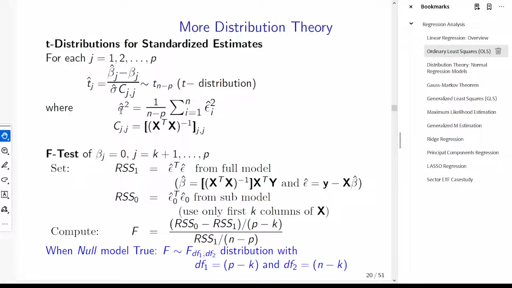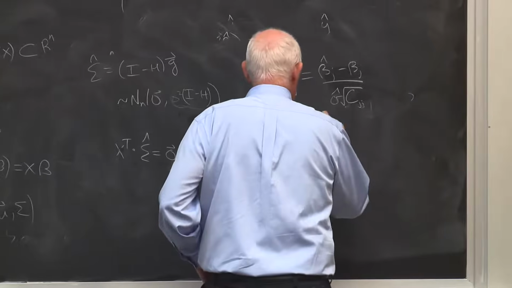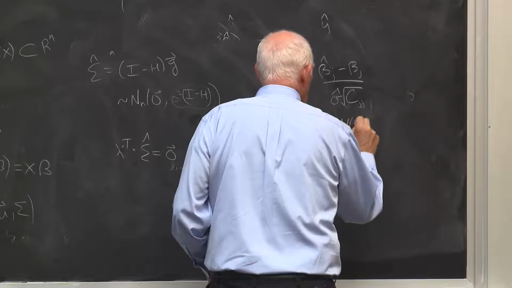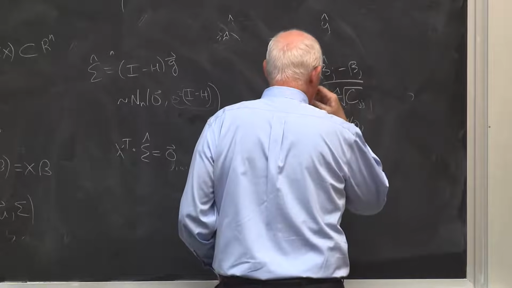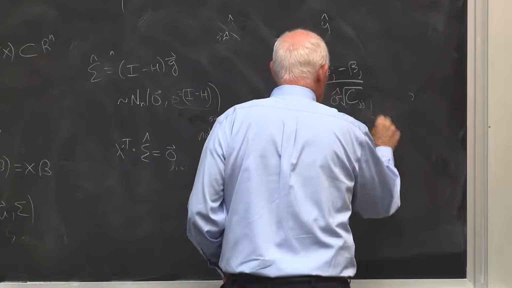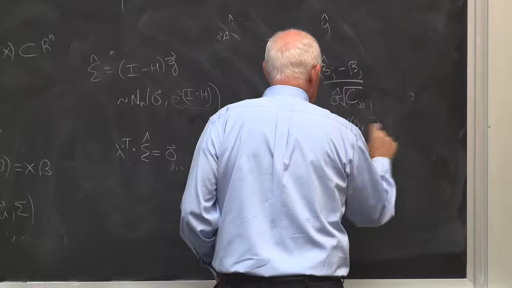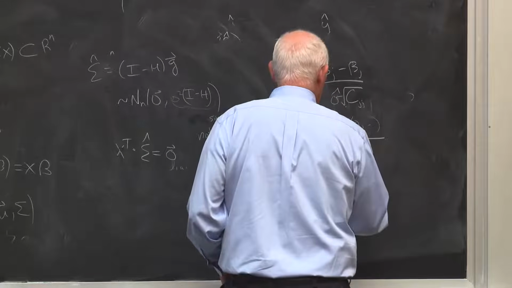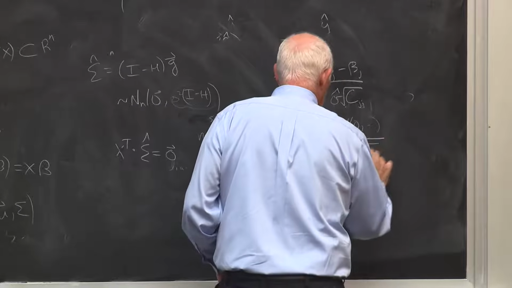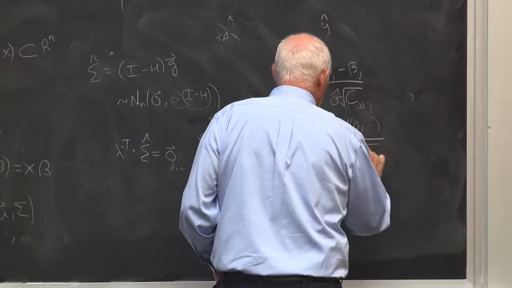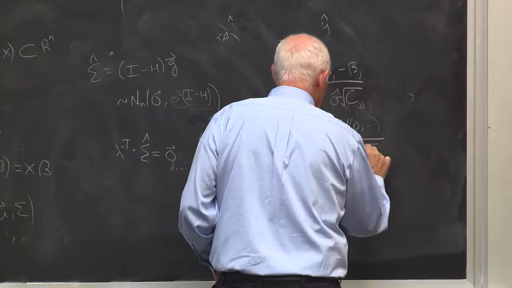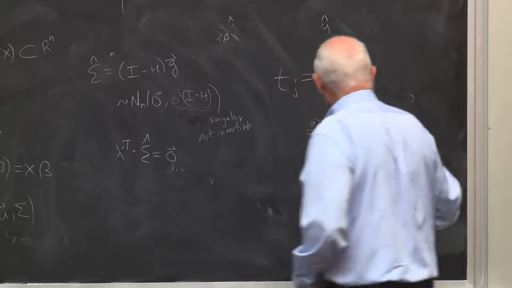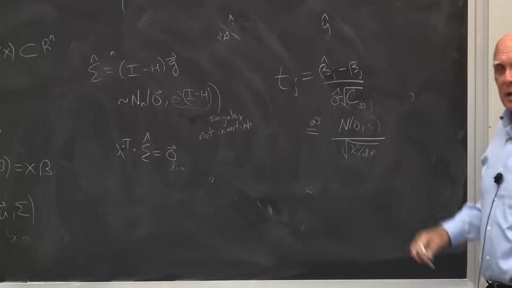It turns out to be equal in distribution to a normal with mean zero and some variance, divided by the square root of a chi-squared divided by its degrees of freedom, where these two things are independent of each other.